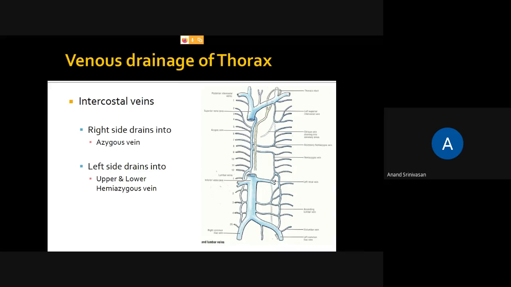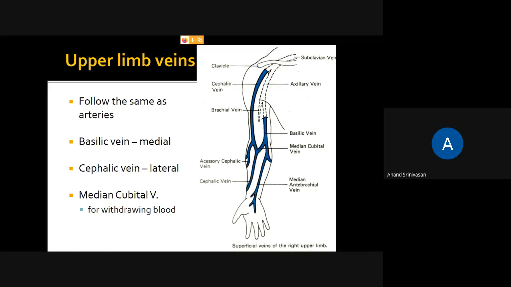On the right side there is the azygos vein and on the left side there is the hemiazygos vein. The upper limb veins are the same as those of arteries, like the radial vein and ulnar vein joining together to form the brachial vein. The brachial vein then continues as the axillary vein and the subclavian vein.